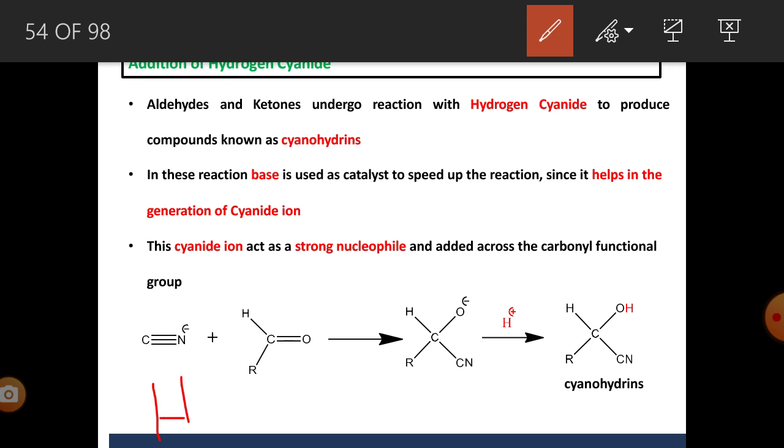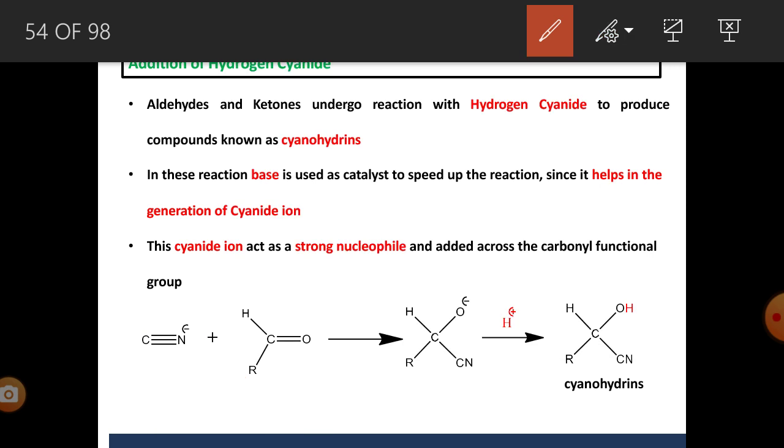When we mix hydrogen cyanide and ketone or aldehyde, here we have taken aldehyde, first dissociation takes place between hydrogen and cyanide. This hydrogen becomes an electron deficient proton and this cyanide becomes an electron rich cyanide anion.